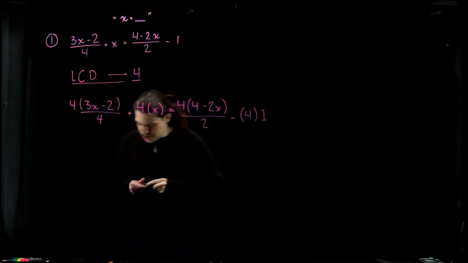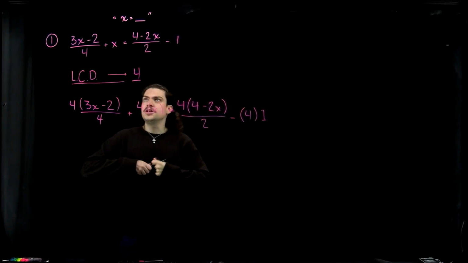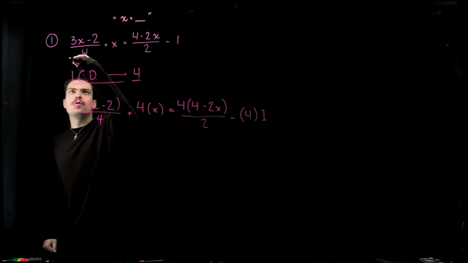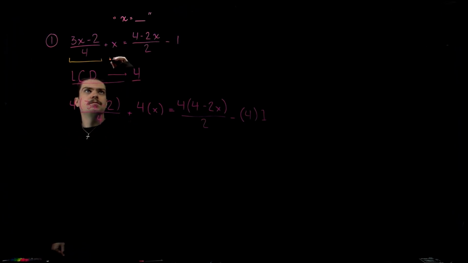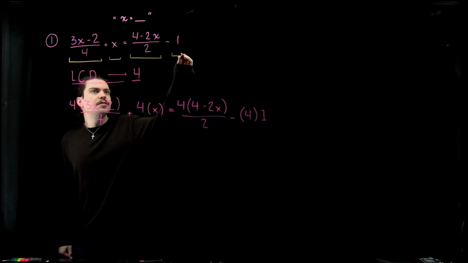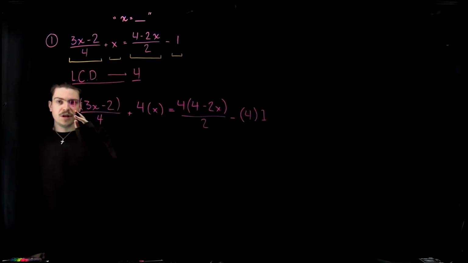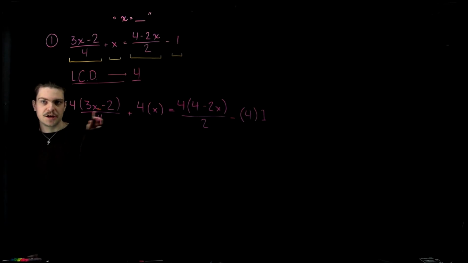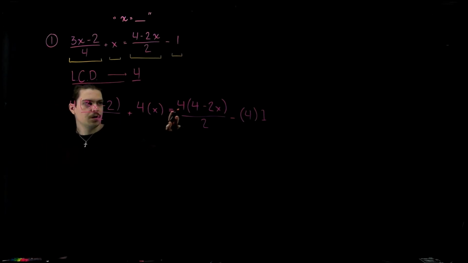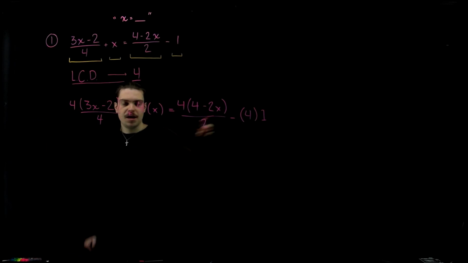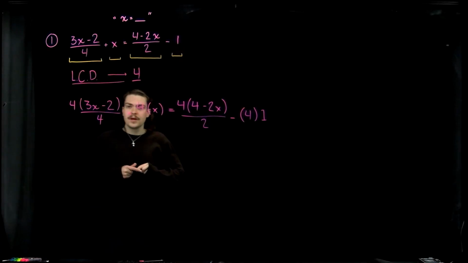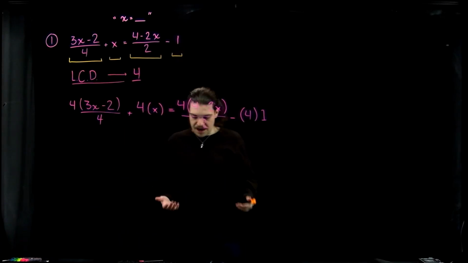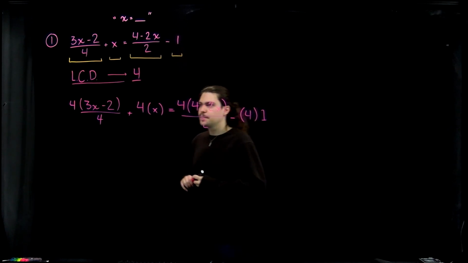We can see here for each of our terms, for this term, this term, this term, and this term, we have multiplied each and every one of those by 4. We've done the same thing to every term in this equation.